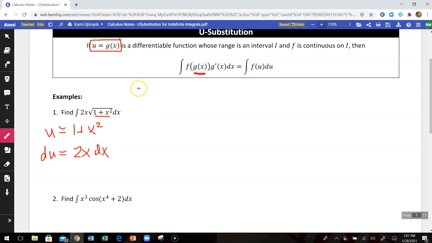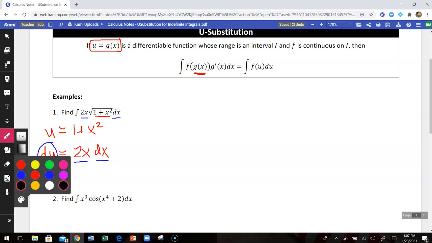So when you say u is this, the next thing you're always going to write down is the derivative of that. du is equal to 2x, and then you chain on that dx part. What that helps you see is that not only are we going to get rid of the 1 plus x squared inside the square root, but this 2x dx is going to be replaced with du.